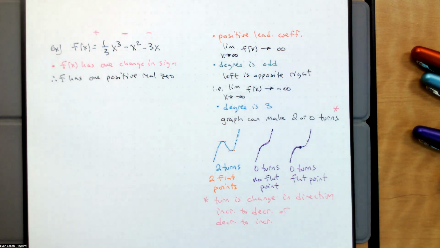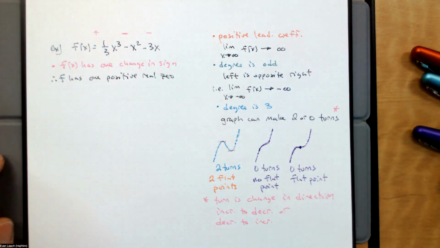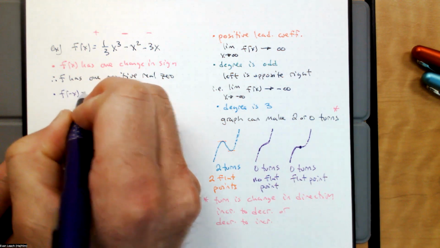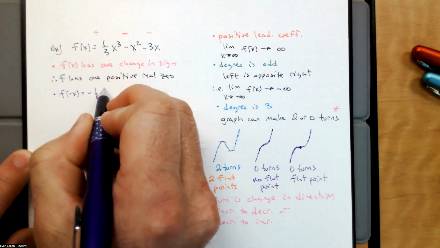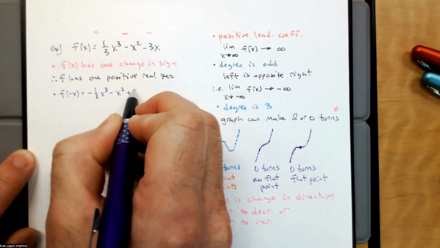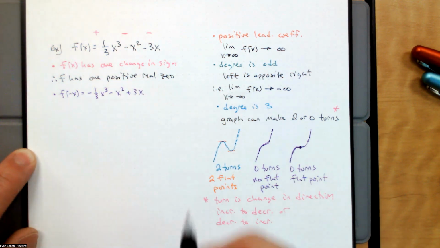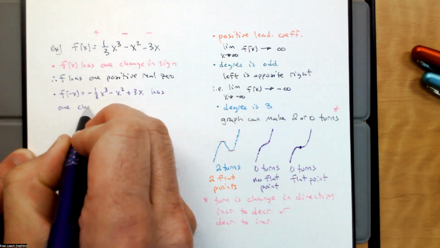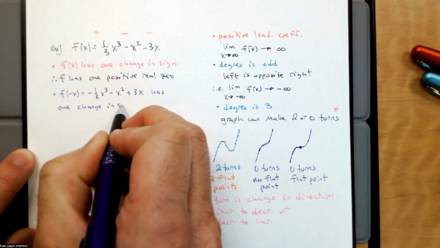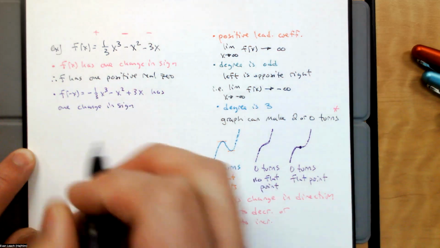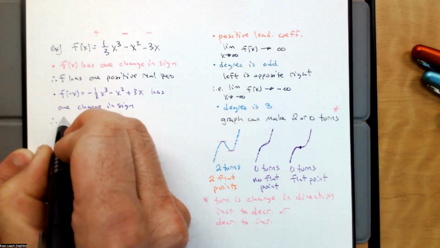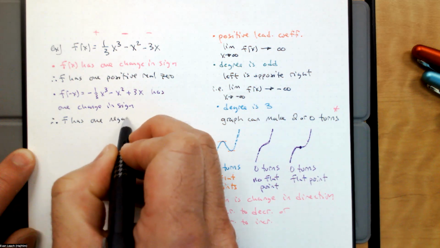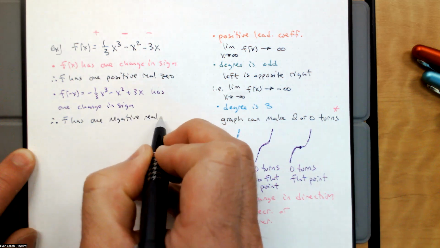Furthermore, f of negative x, which will be negative 1/3 x cubed minus x squared plus 3x, also has one change in sign. Therefore, f has one negative real zero.